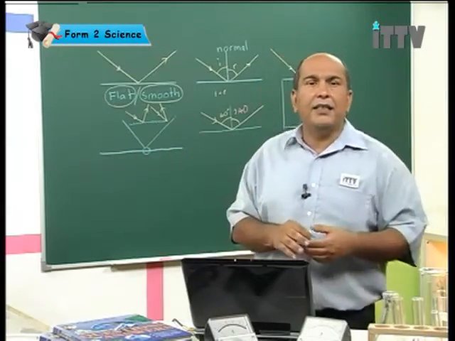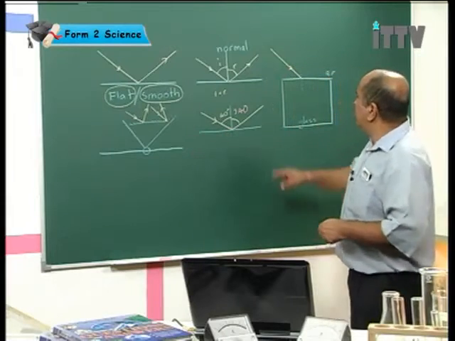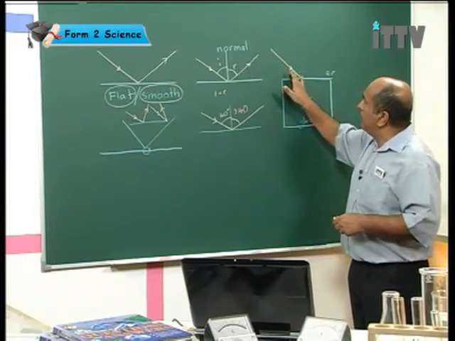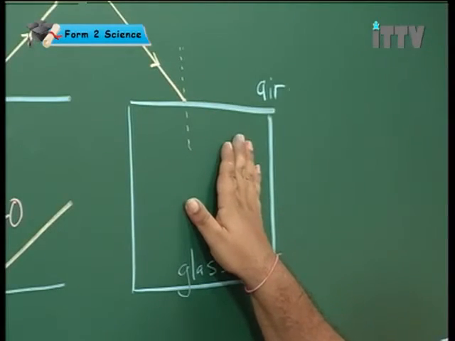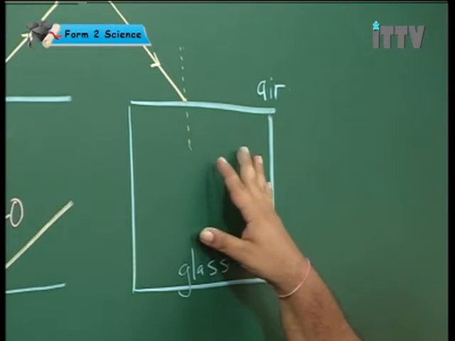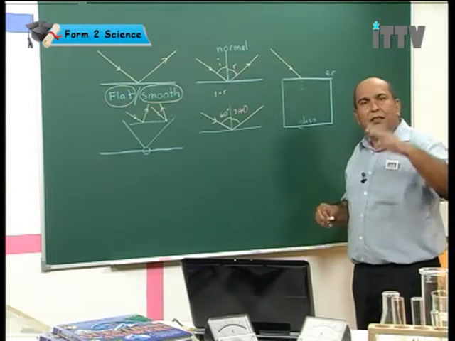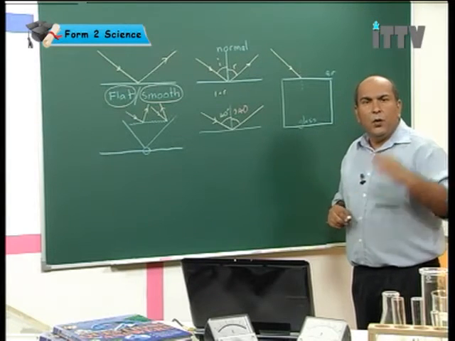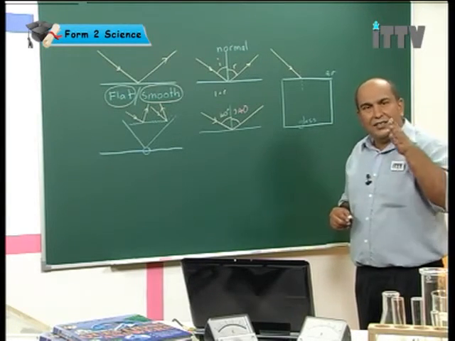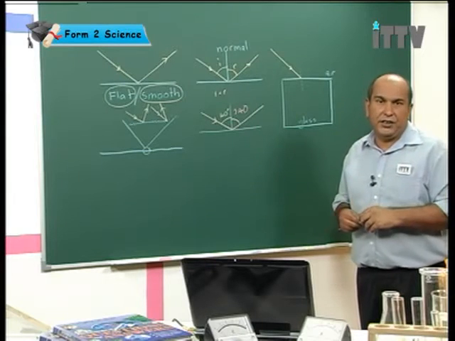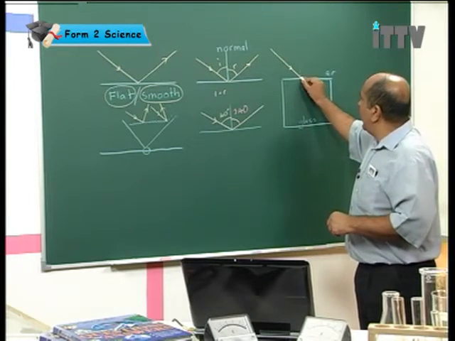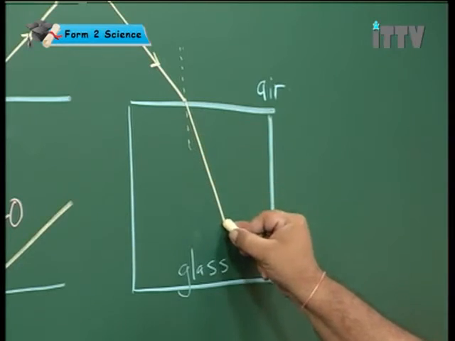Well, the same thing is happening over here. As the light travels from the air and enters into the glass, which is thicker and denser, the light slows down. When the light slows down, its direction changes. The light will move this way.